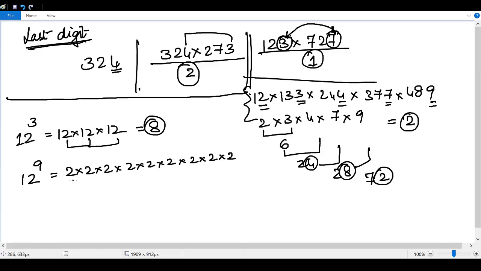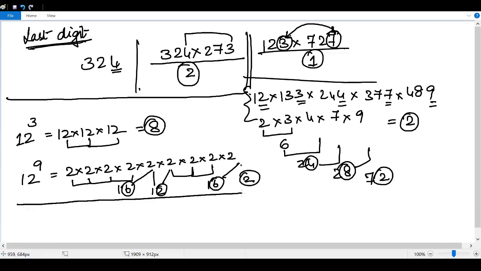So 2 into 2 is 4, 4 into 2 is 8, 8 2s are 16, so 16 will contribute this 6, 6 2s are 12, so again I'll have a 2 contribution, 2 2s are 4, 4 2s are 8, 8 2s are 16, again a 6 contribution, 6 2s are 12, so a 2 is the unit digit of this entire product. So it becomes much easier for me to understand this.